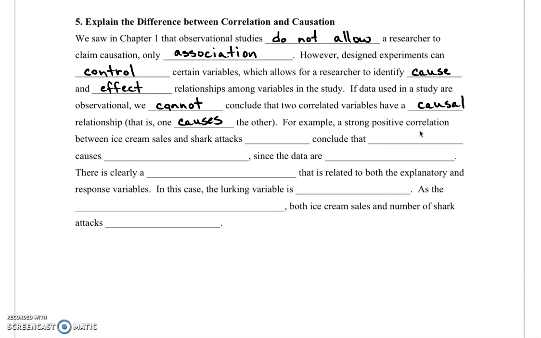For example, with a strong positive correlation between ice cream sales and shark attacks, we cannot conclude that eating more ice cream causes more shark attacks.